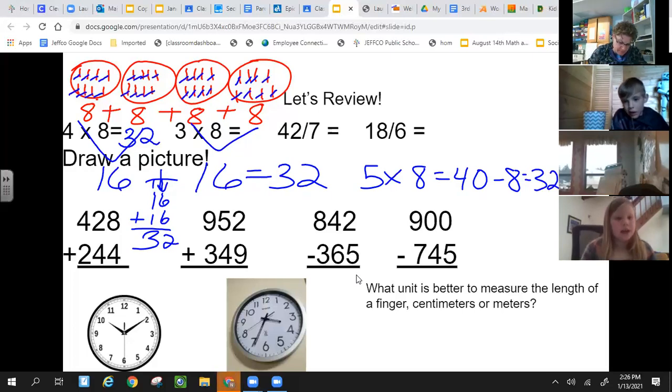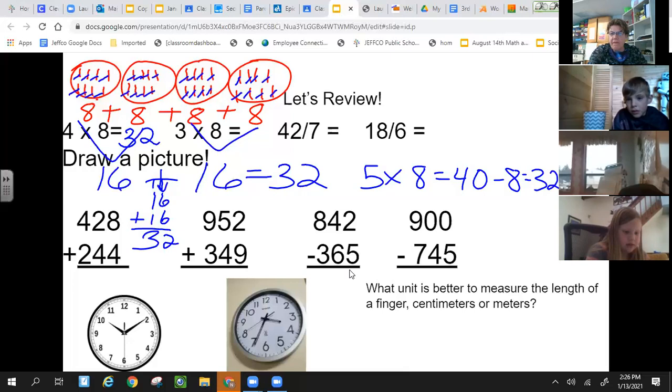Because you count on your fingers 8, and you get the answer, which is 32. Excellent. If we know 5 groups of 8 is 40, isn't 4 groups of 8 1 group of 8 less than that? Yeah, right, because 4 is 1 less than 5. Excellent.